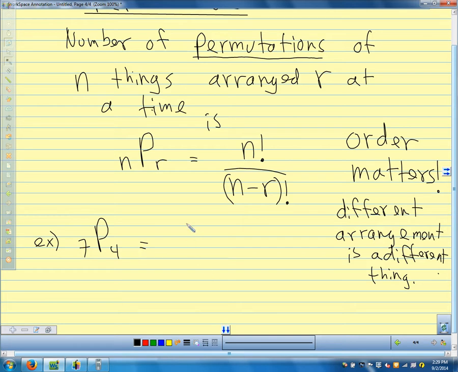7P4 is 7 factorial over 7 minus 4 factorial. I have to do these parentheses first. So this is 7 factorial over 3 factorial. So let me show you 2 ways to do it on your calculator.